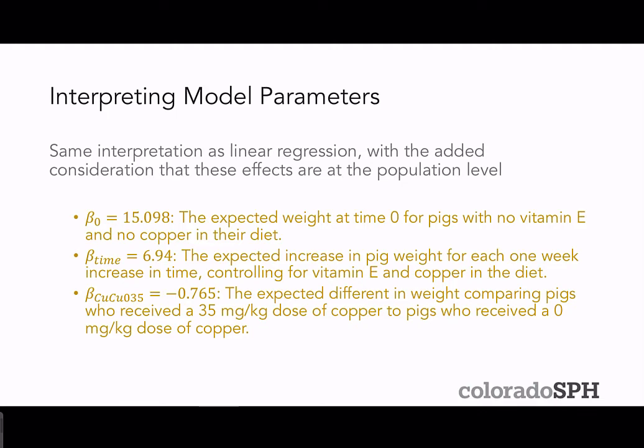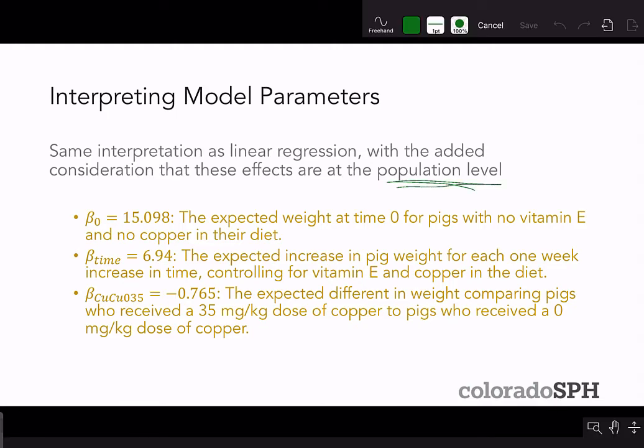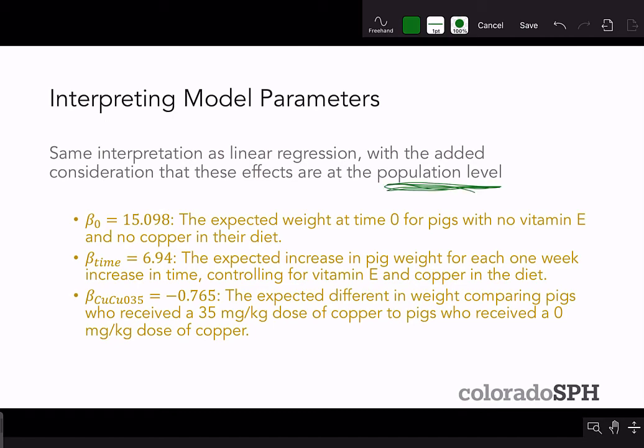There's a subtle difference here when we're considering things at the population level. In a cross-sectional case, you might say that beta 0 is the expected weight for a pig at time 0, but here we would only say it's the expected weight at time 0 for pigs. We wouldn't say for a pig, because that assumes a subject rather than a population level structure.